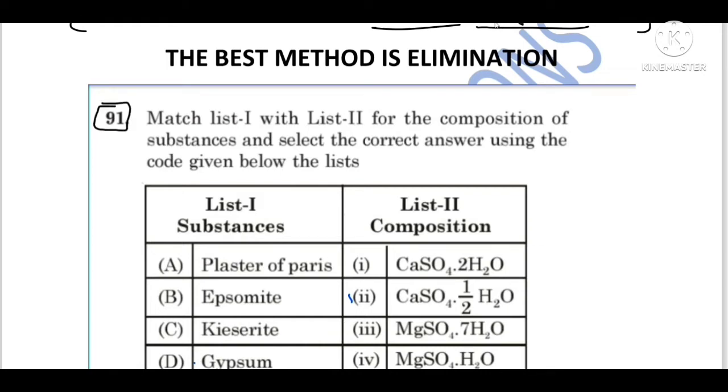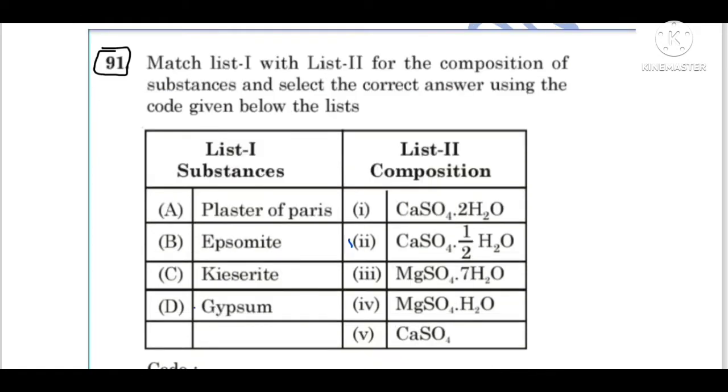Here is the example. In this type of matching questions, the first point is to go with the familiar ones, that means the well-known one. Among the four substances A, B, C, D, this is a well-known substance to us. Why? Because plaster of Paris is present in intermediate and as well as in 10th class.